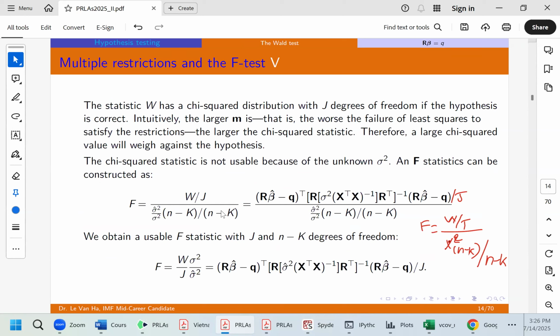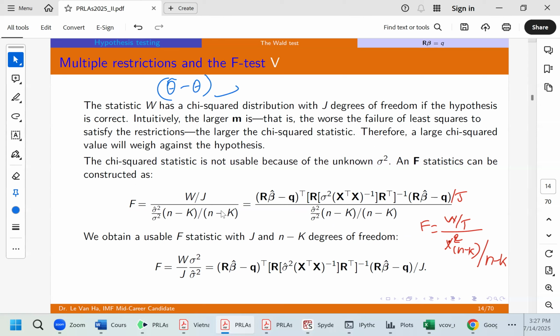So what is the Wald test? The idea of the Wald test is to say, if you have theta, let's say you are interested in estimating theta, and you have a theta hat and you hypothesize a theta. The Wald test will ask how far or how different theta hat is from theta.